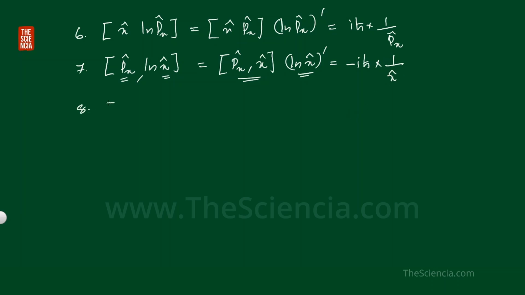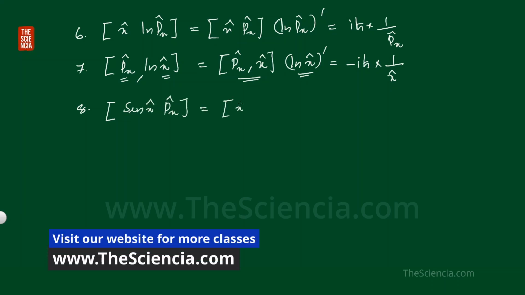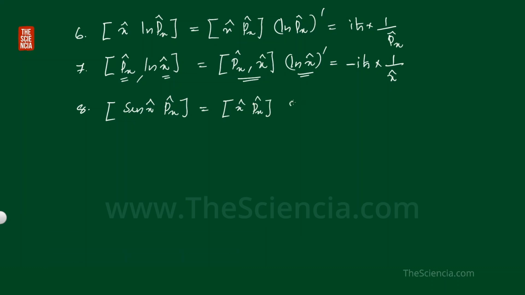Eighth example, commutator bracket of sin x cap, px cap. That is equal to commutator bracket x cap px cap into the derivative of sin x cap. That is equal to i h cross cos x cap.